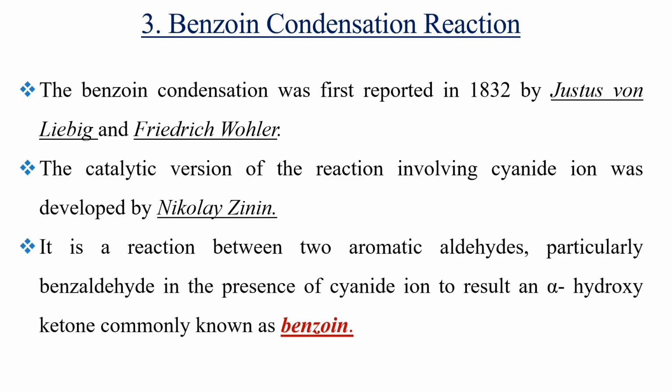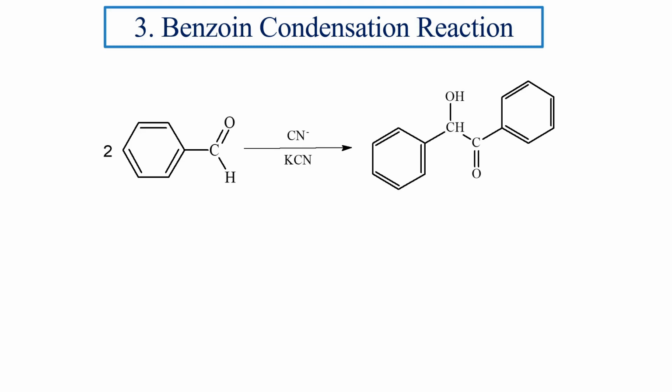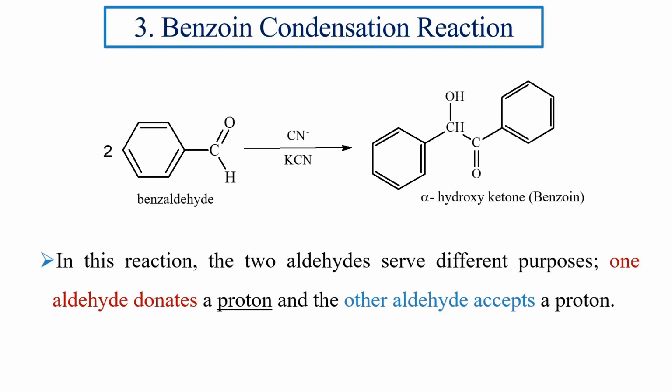It is the reaction between two aromatic aldehydes, particularly benzaldehyde, in the presence of cyanide ion to result in an alpha hydroxy ketone, which is commonly known as benzoin. Two molecules of benzaldehyde dimerize in the presence of cyanide ion to give alpha hydroxy ketone, that is benzoin.